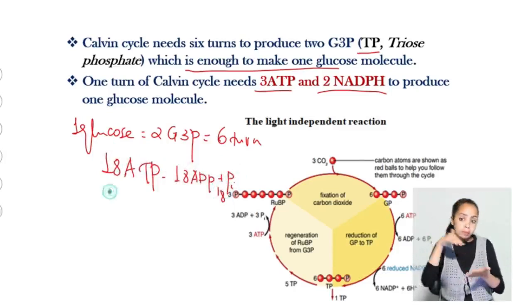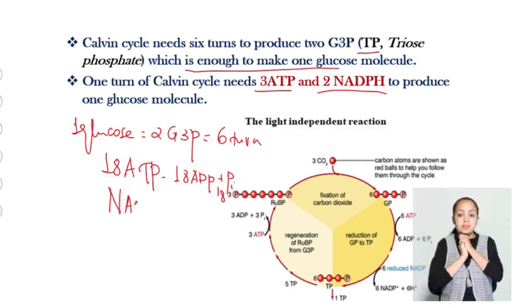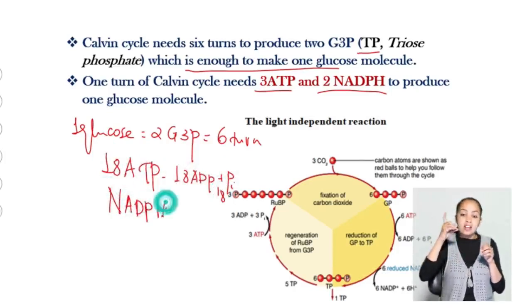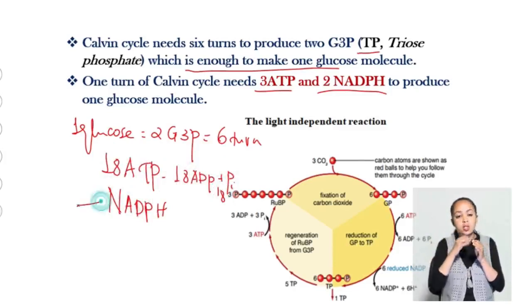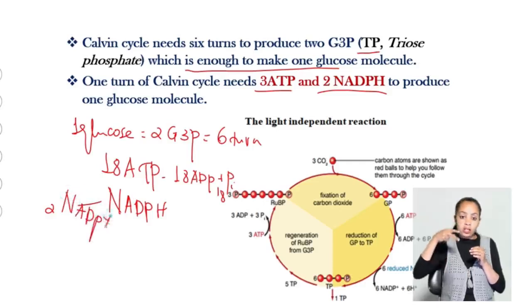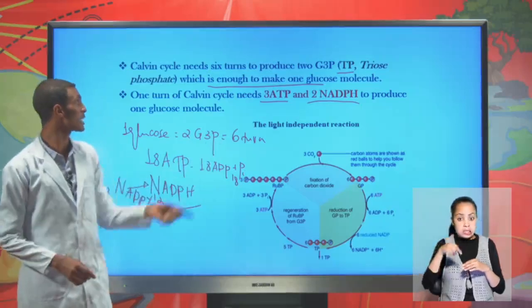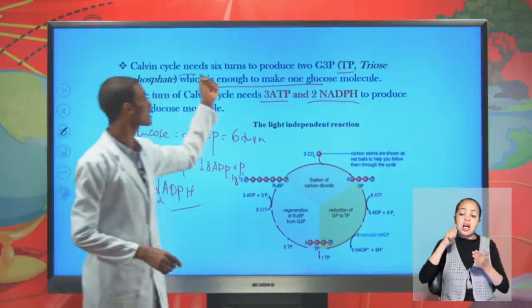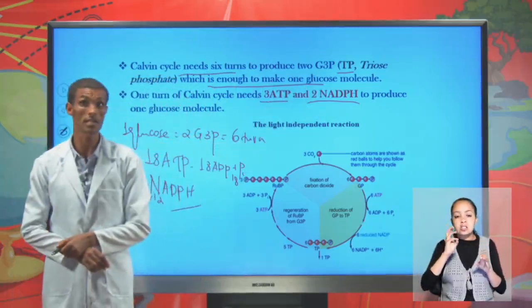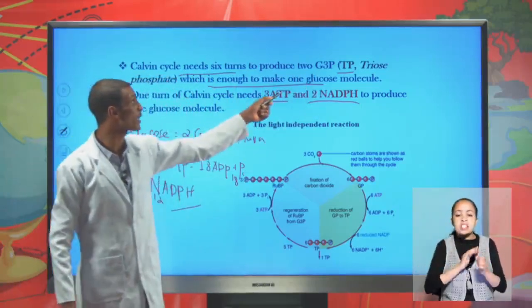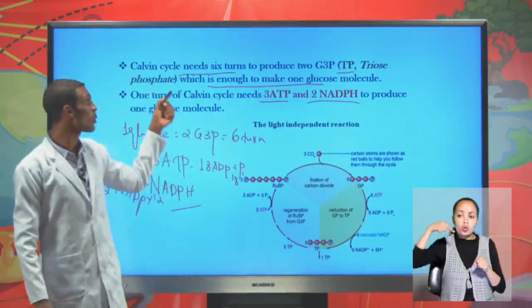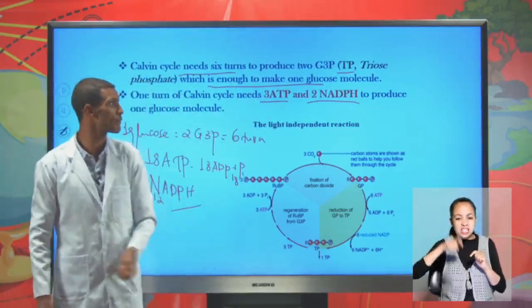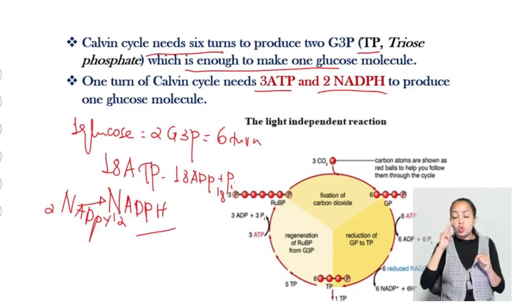And again, 12 NADPH molecules are used here, which is in the form of oxidation. The 12 NADPH become oxidized to NADP, which can later be used in the makeup of NADPH molecules. Generally, the Calvin cycle needs 6 turns to produce 2 glycerate-3-phosphate molecules, which is enough to make 1 glucose molecule, where 1 turn of the cycle needs about 3 ATP molecules and 2 NADPH molecules.